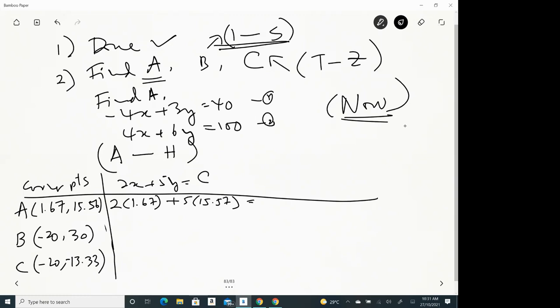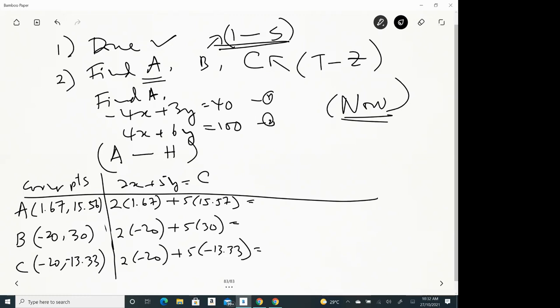I will just write it down here, and for those people who do B, find the value of the objective at B, and so on. I have here 2 times negative 20 plus 5 times 30, and here I got 2 times negative 20 plus 5 times negative 13.33. Find the value.